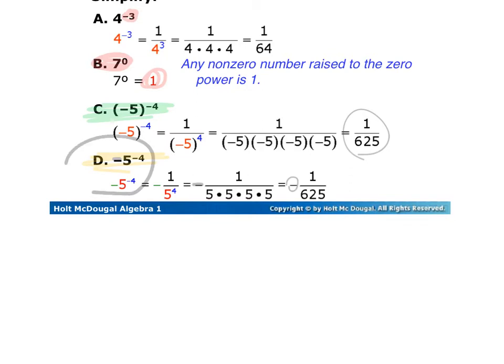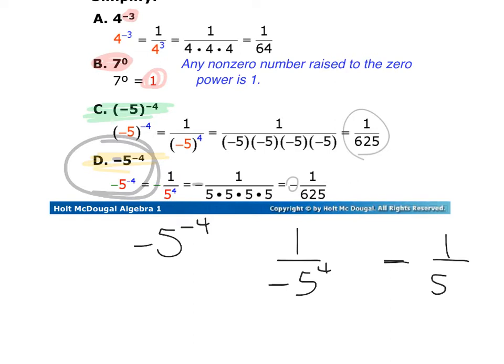But on this one, what you're actually doing is 5 to the negative 4, you're going to move it to the bottom. And this isn't held in tight with it, so you're just going to put it out front and then make this 5, 5, 5, 5 and figure out what that is. So if it's not held in, just drop it right in front of your answer.